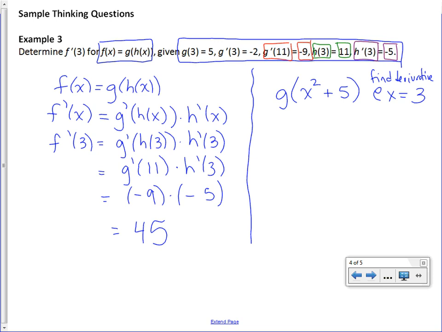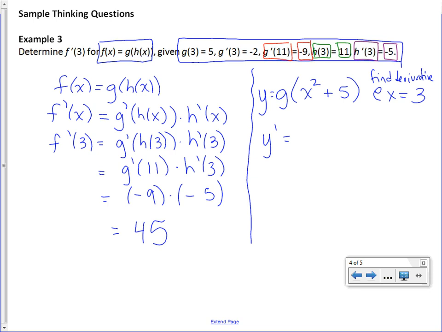To make life easy, I'm going to go y equals this. What would be the derivative of y? What would be the derivative of g at x squared plus 5? Outer function, g at blah. What's the derivative of g at blah?